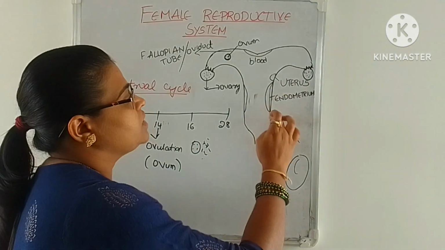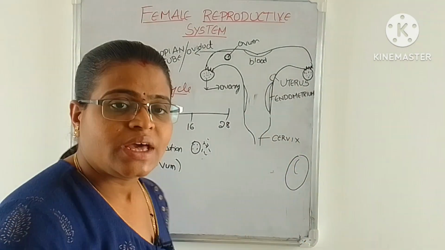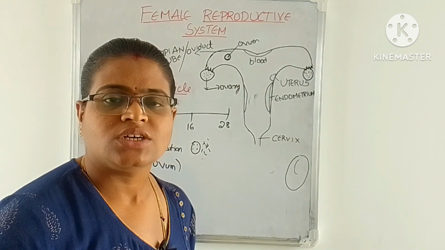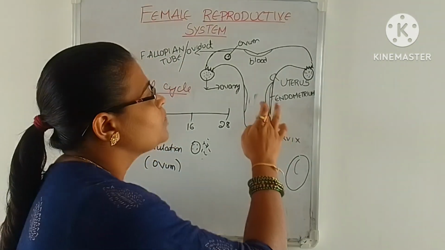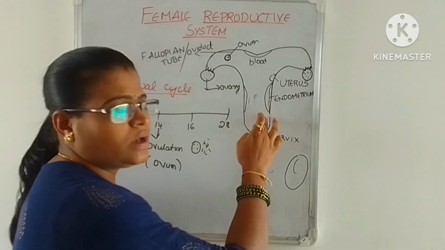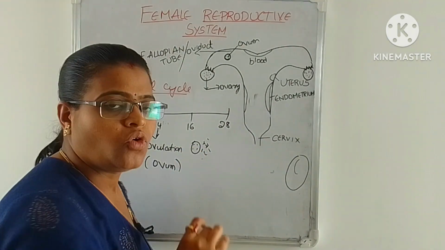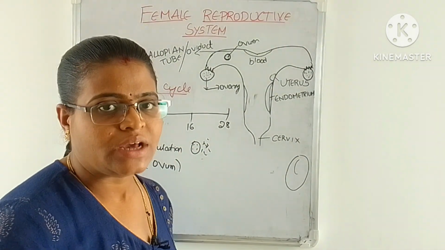This bulged endometrium has a sac-like structure where blood is stored. This blood, along with the ovum, will get out of our body.